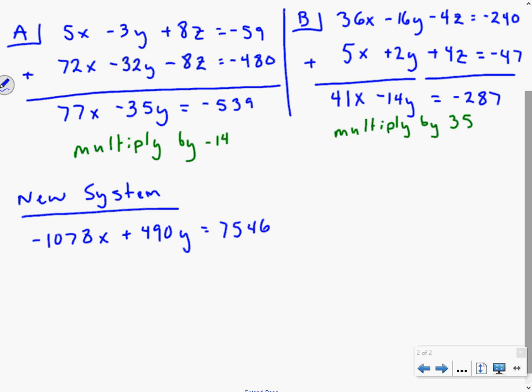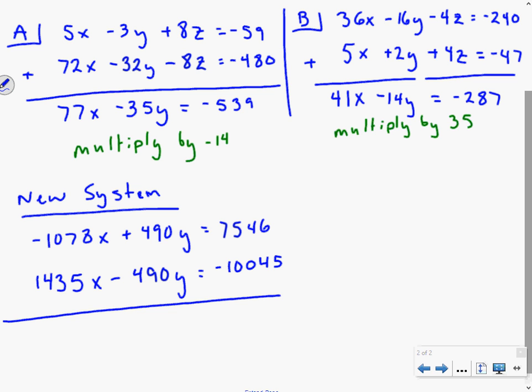Our b equation is getting multiplied by 35. So we get 1,435x minus 490y, and that's going to be equal to a negative 10,045. So now we can add these equations together.